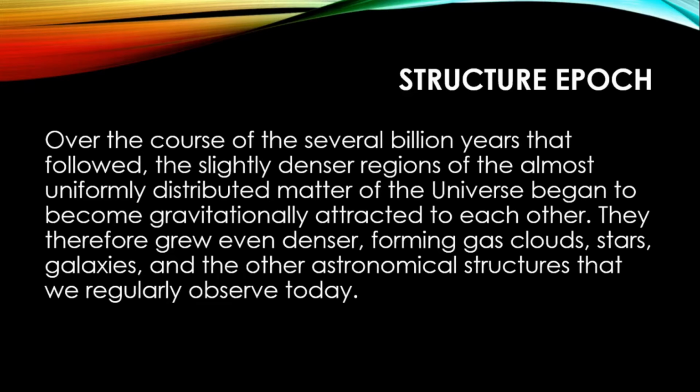Over the course of the several billion years that followed, the slightly denser regions of the almost uniformly distributed matter of the universe began to become gravitationally attracted to each other. They therefore grew even denser, forming gas clouds, stars, galaxies, and other astronomical structures that we regularly observe today.